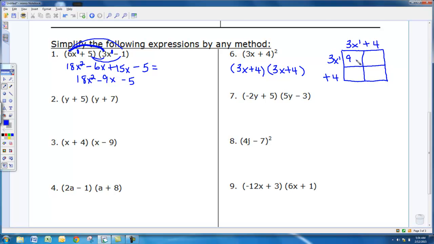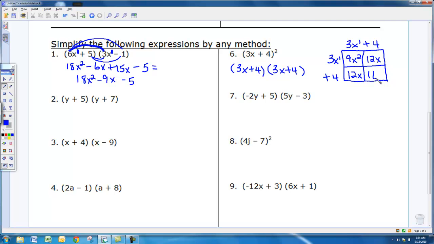That will give me 9x squared. To get this box, I do 3x times 4. 3 times 4 is 12, and then bring over the x. To get this box, I do 3x times 4, which again gives me 12x. To get this box, I do 4 times 4.